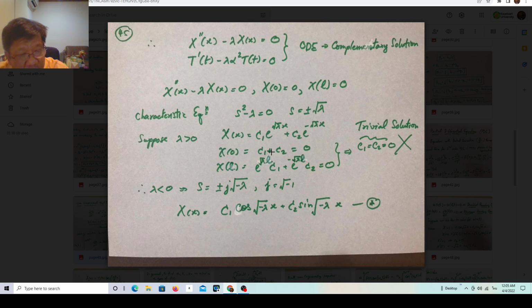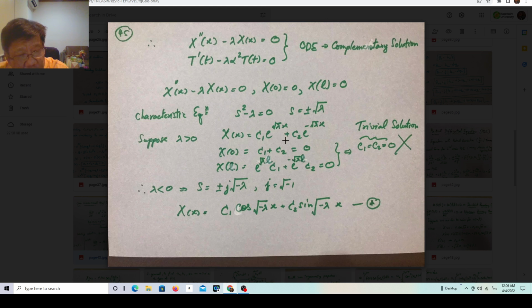But when you put x equal to L, you get e to the square root of lambda times L, times c sub 1, plus e to the minus square root of lambda times L, times c sub 2, is equal to 0. So the only way that this condition will be true is that c sub 1 and c sub 2 are equal to 0.